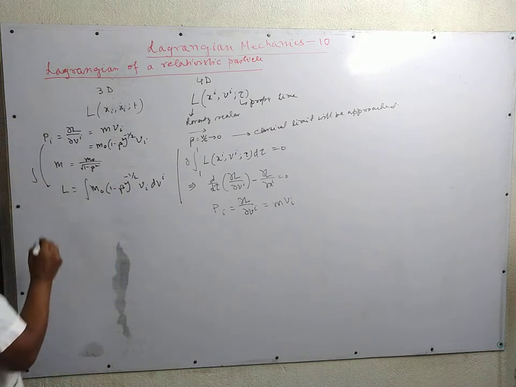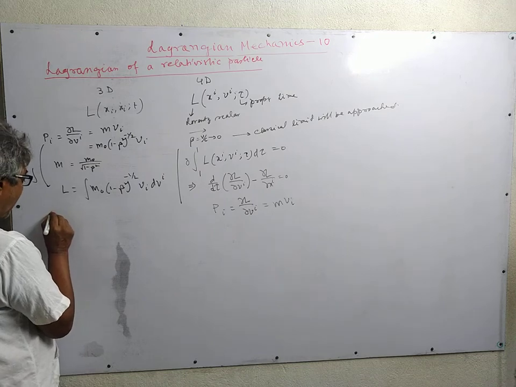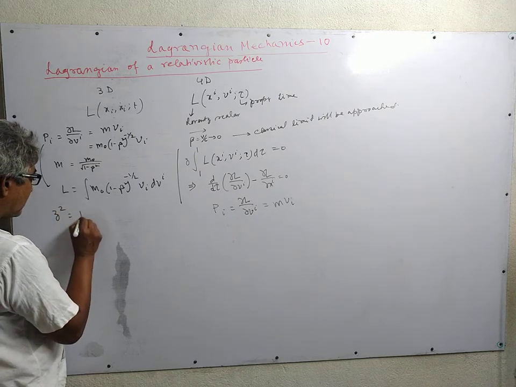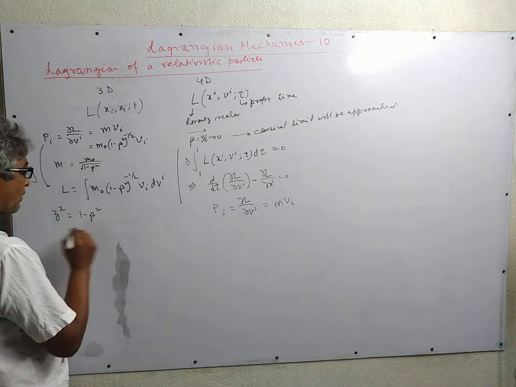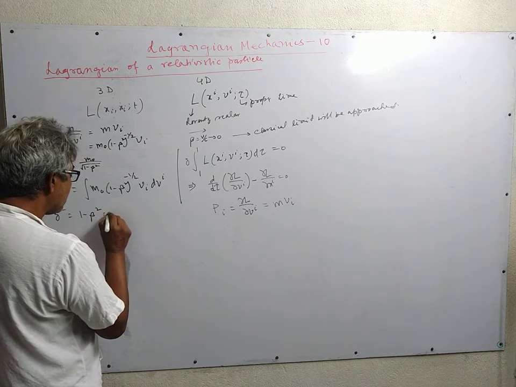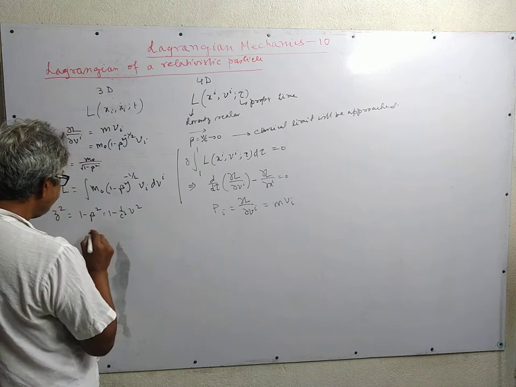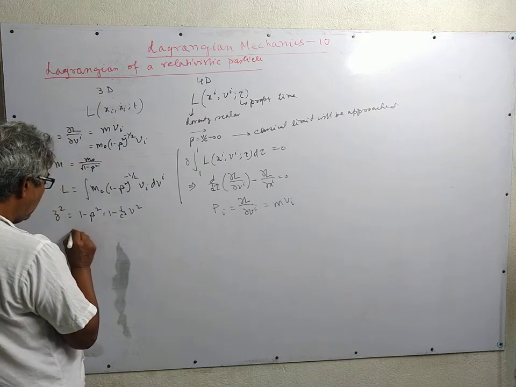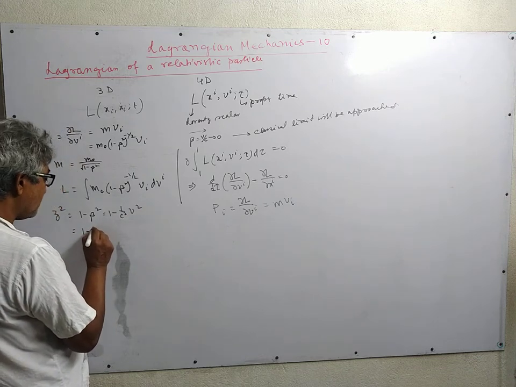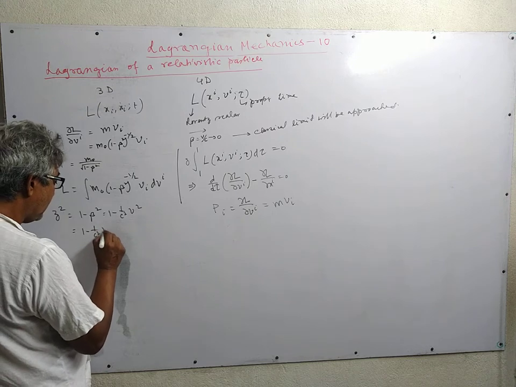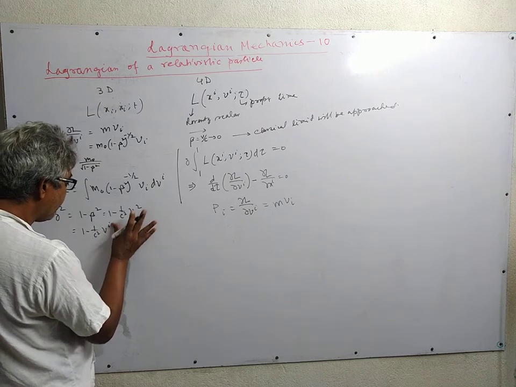There is a constant. We define z² = 1 − β². So 1 − β² is 1 − v²/c². In tensor notation, this is 1 − (1/c²) v_i v^i.